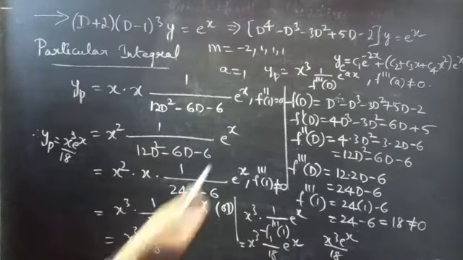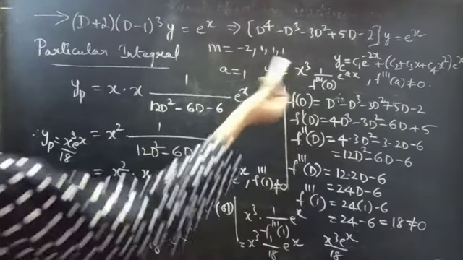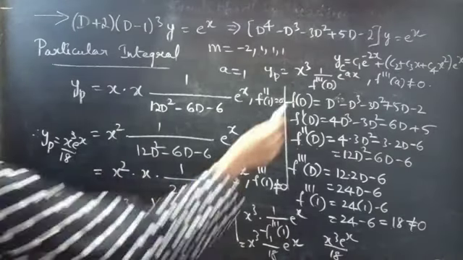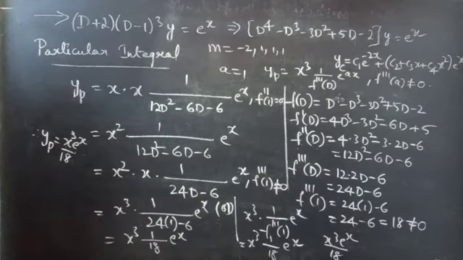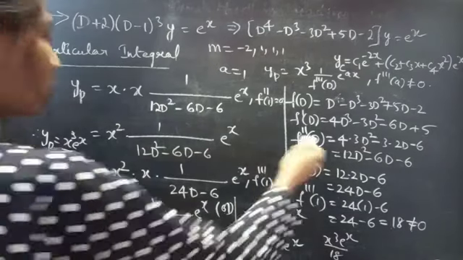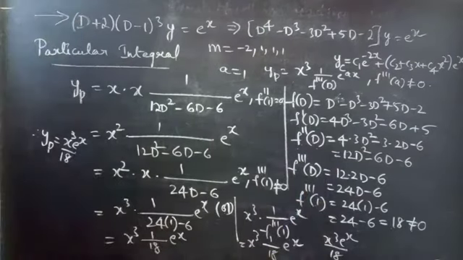Okay, you can just do it directly, but it is better to check every step. For f of D, f dash of D, f double dash of D, for D equals a.